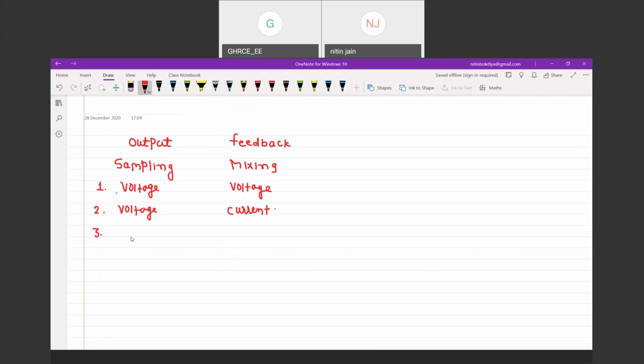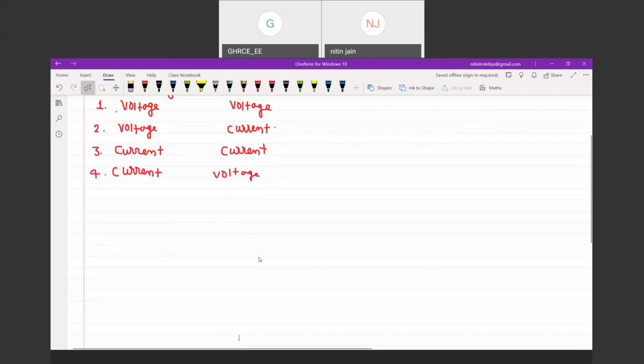The third one is current sampling, current mixing, and the last one is current sampling and voltage mixing. So these are the 4 topologies. They are based on how we sample the voltage and current, and how we mix the voltage and current.